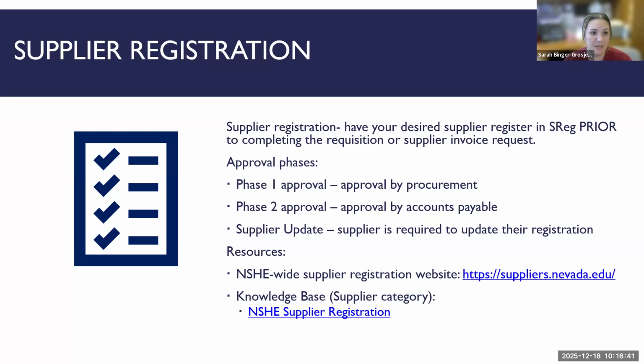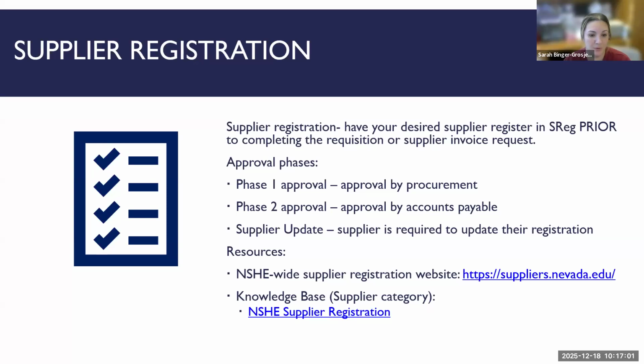The biggest thing that we see hanging up an approval in that process is their W-9. We can only accept a W-9 that is on the most current IRS form. So anything that is older than, I believe it was March of 2024, will be kicked back and they will have to submit a current one on the current form.